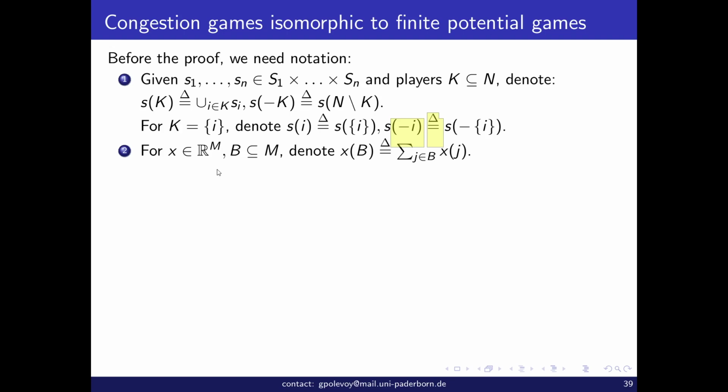Usually when we define the strategies of certain players, we use subscripts, but here when we unite all the facilities used by the players, we use it as an argument to the function.